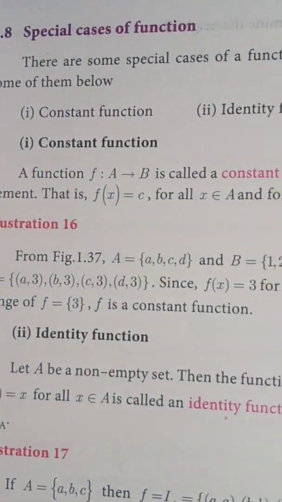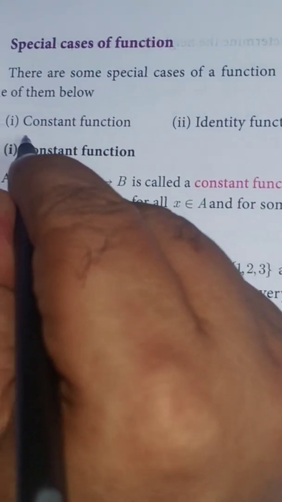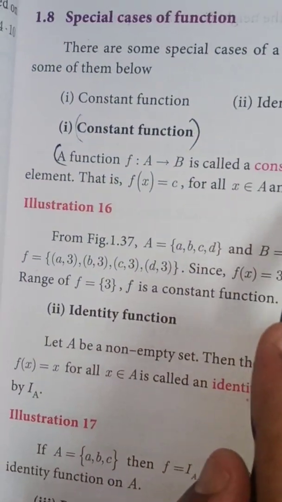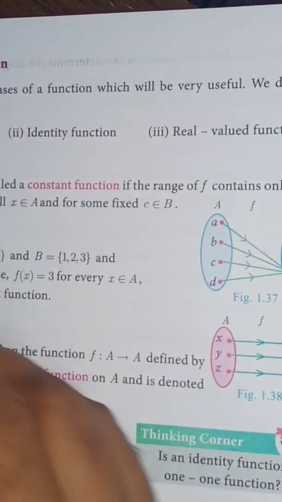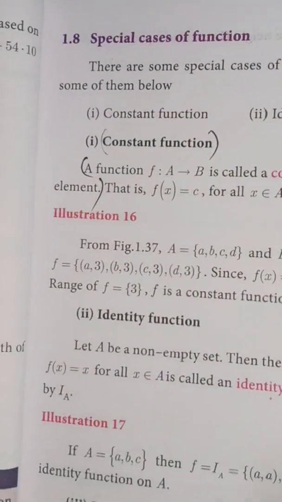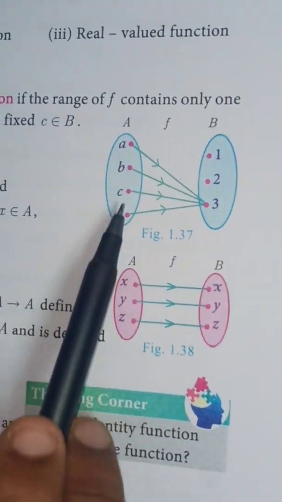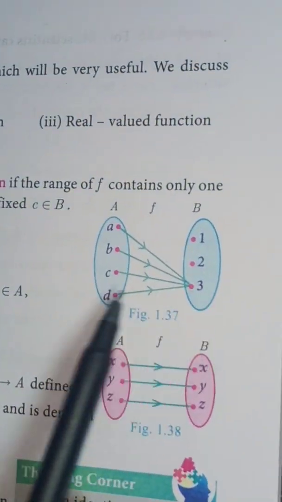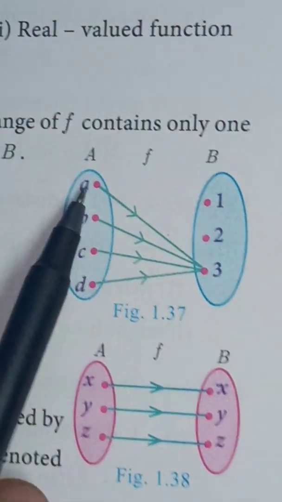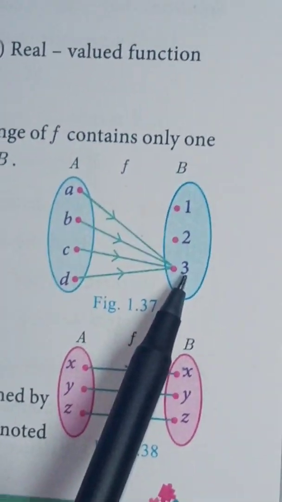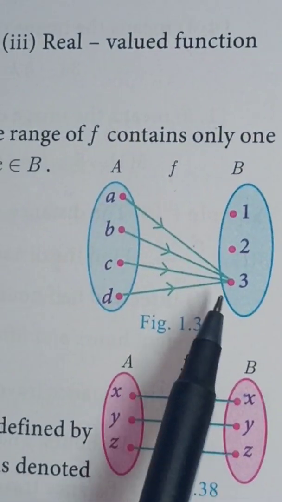Very important. Look at that example. All the elements of the domain, total 4 elements are there. All the elements have a unique image in the codomain. A, B, C, D. That is an example for constant function.